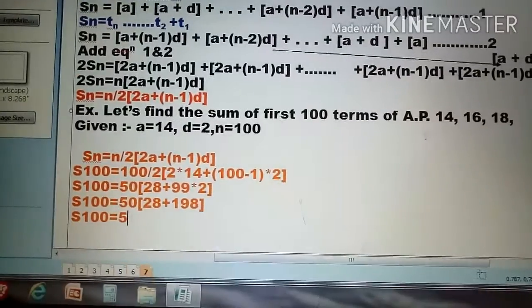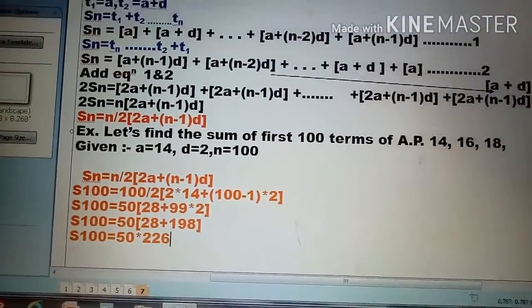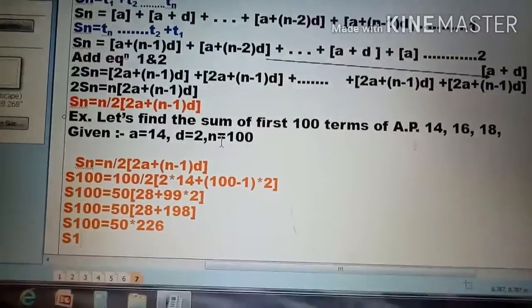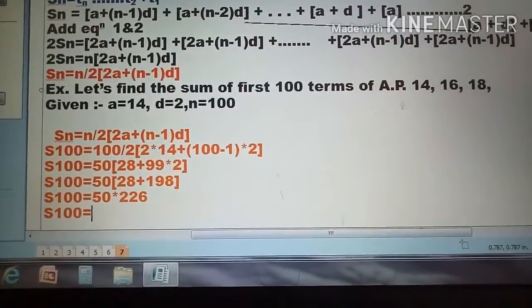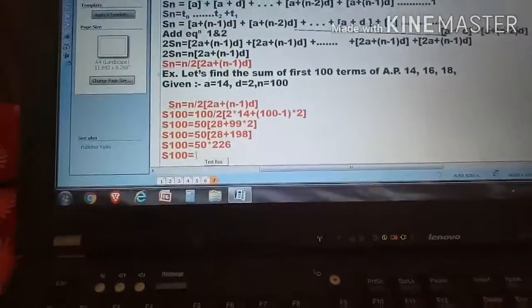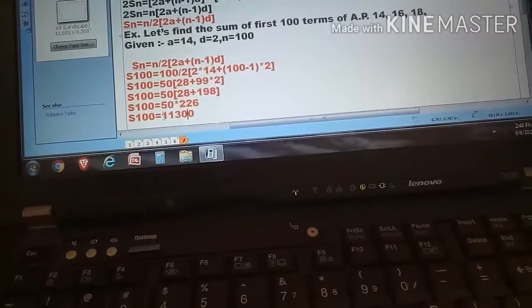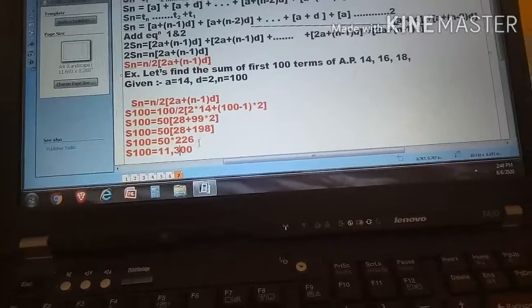Then 50 into 226. Do its multiplication. So the multiplication becomes 11,300, and this is the sum of first 100 terms.